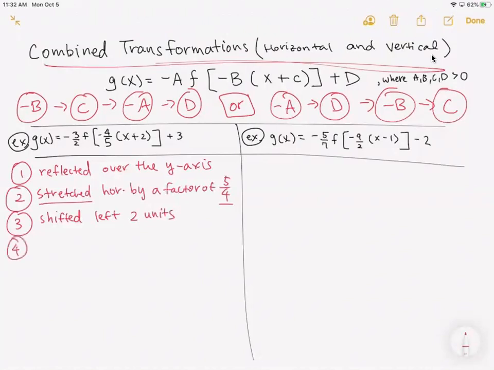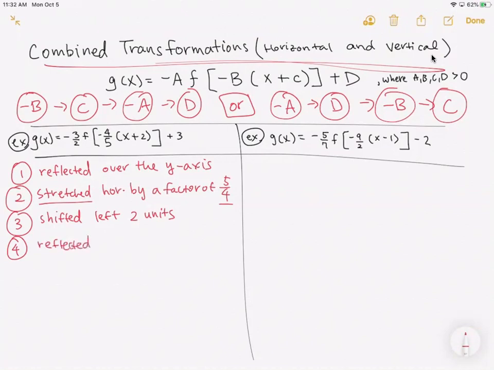Now we have to deal with negative a, so you can switch negative and the a around. If you want to do negative first, go ahead. If you want to work with the a part first, go ahead. But here I'm going to do the reflection first.